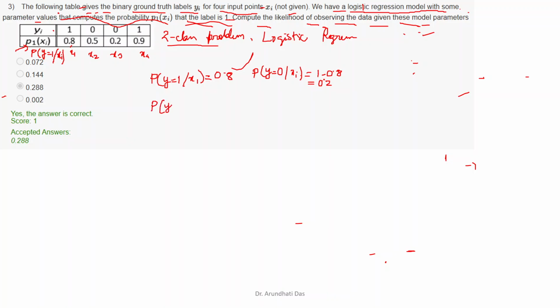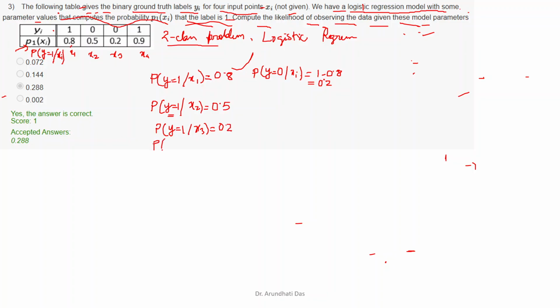For the second data point, the probability that the label is 1 is 0.5. For the third data point, the probability that the label will be 1 is 0.2.